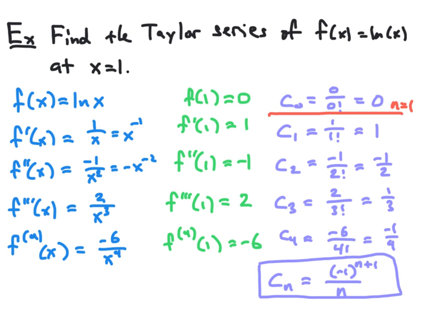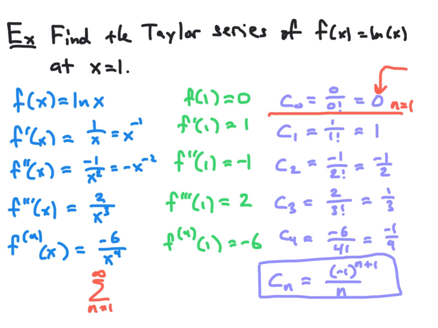And so we can simply write down our Taylor series in standard series notation. Recall here that we're starting our series at n equal to 1, going through infinity, instead of n equal to 0, like in most power series. And again, that is just because c sub 0 is 0, so including it does not make any difference in this particular series.